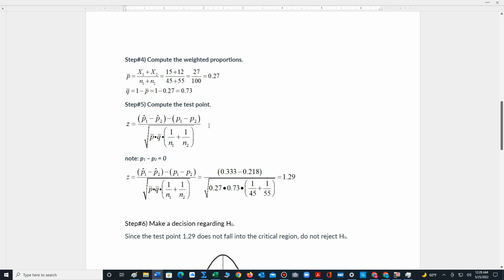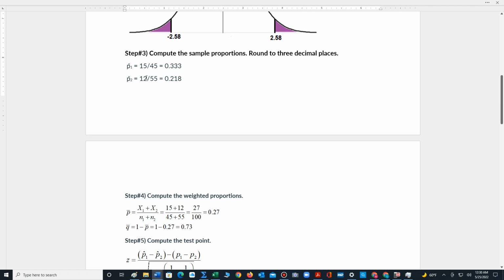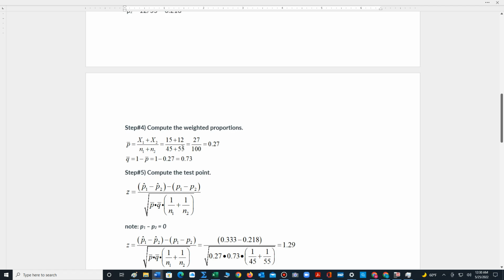Now we plug everything into the test point. The test point is the difference in the sample proportions minus the difference in the population proportions divided by the square root of P bar times Q bar times the sum of the reciprocals of the sample sizes. So let's plug everything in. If we recall, P hat sub 1 and P hat sub 2 are 0.333 and 0.218 respectively.